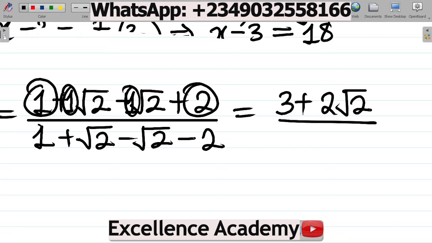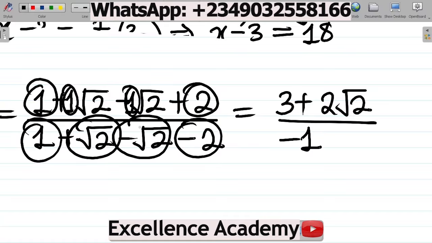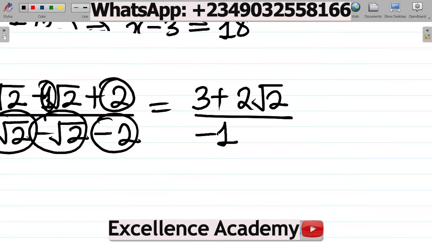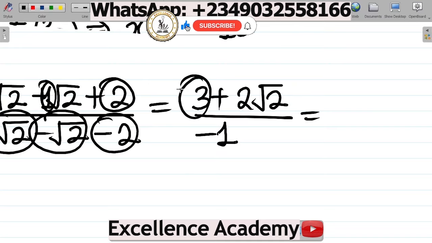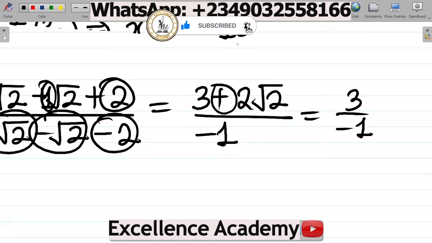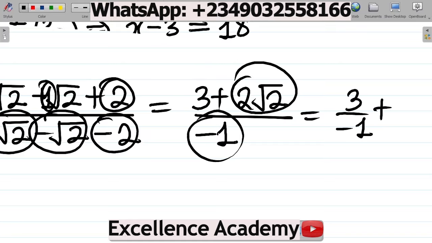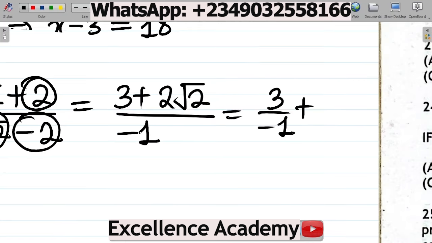This becomes 1 minus 2, which gives you minus 1, plus root 2 minus root 2, they cancel out. So from here, all we have to do is separate the terms. I'll take 3 divided by minus 1. The sign here is plus, so it becomes plus. Take this one here and the denominator. That becomes plus 2 root 2 over minus 1.